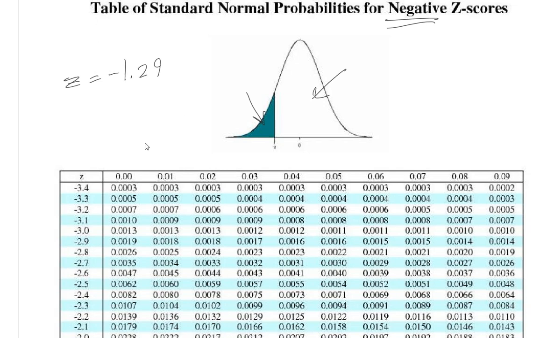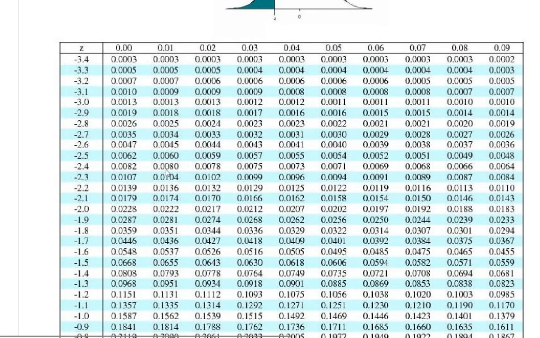Notice that it is negative, so we're still in the negative z-score region. If I go to negative 1.2, so I scroll down to negative 1.2, which is here, and then I went over to 9 for the second decimal point, I can then scroll all the way over and all the way down to find my area right there, 0.0985.